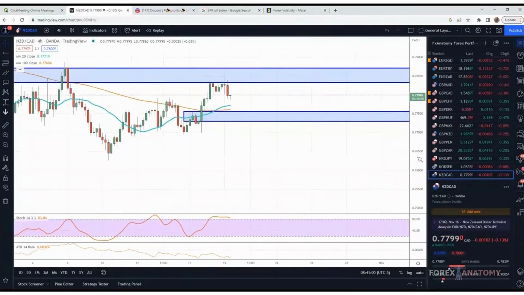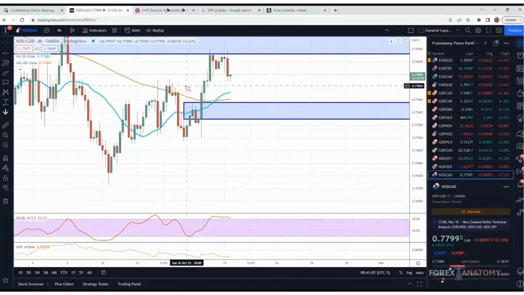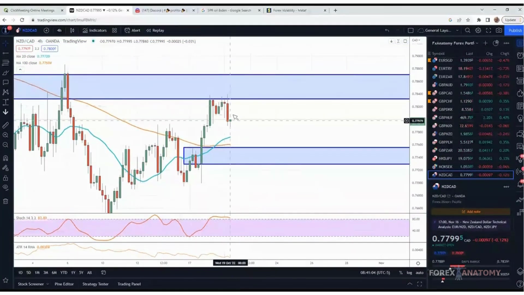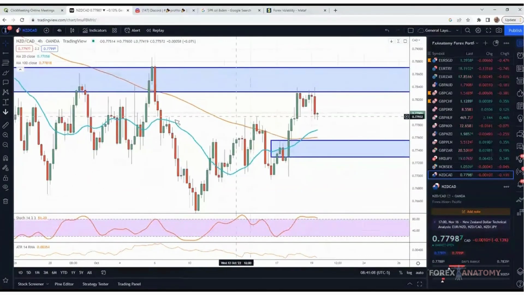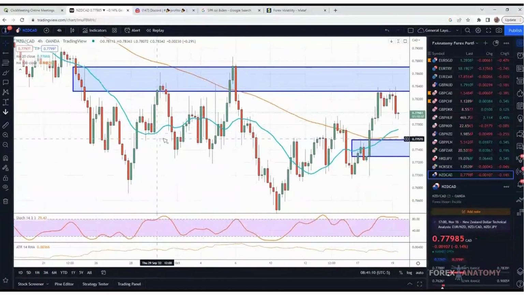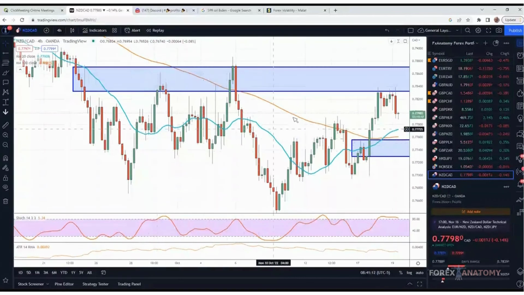Okay, so this is the 4-hour chart of Kiwi CAD. What we see is price consolidating somewhat on this time frame. But what we can do is look historically and see where there are other examples where price topped on the 4-hour chart after hitting the zone, and we definitely see it here.